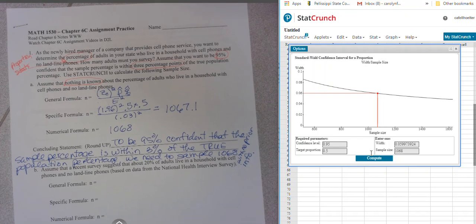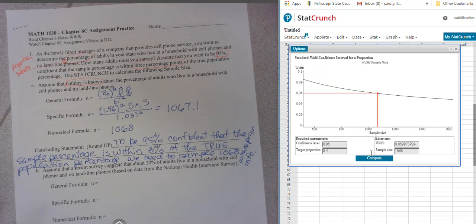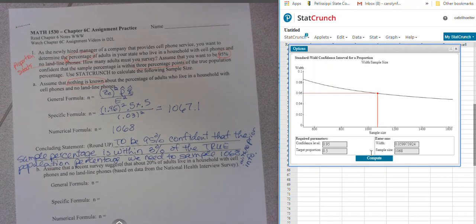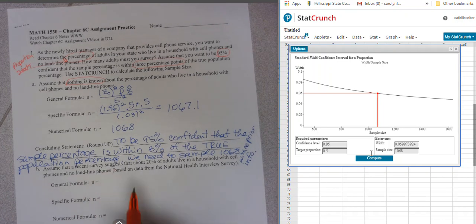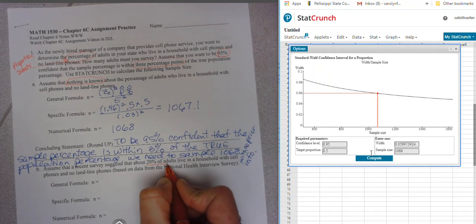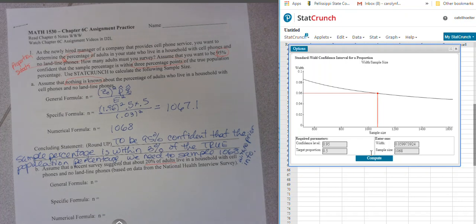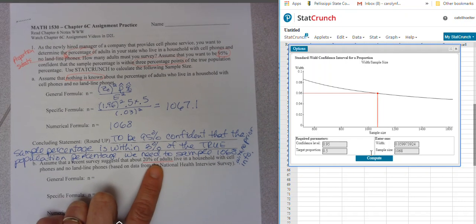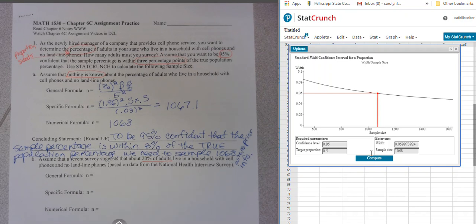Now the second part of this question is we do have some prior information. This recent survey is suggesting that about 20% of adults live in a household with cell phones and no landlines. So all that does when we compute the sample size is change it a little bit because we have a starting point.